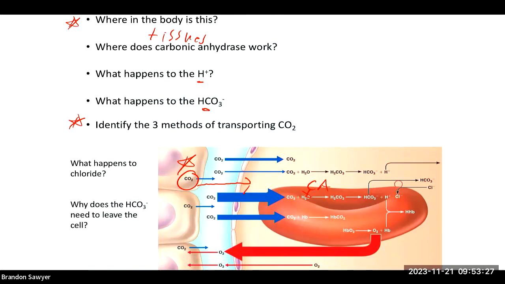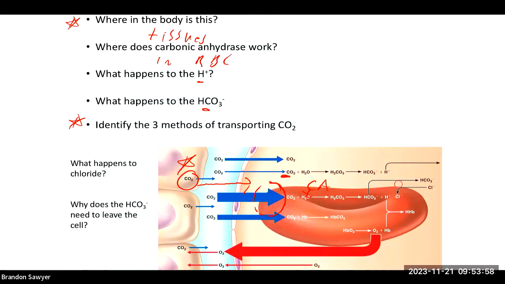We don't have carbonic anhydrase just floating around in our blood, but we do have that enzyme inside of a red blood cell. So that's the biggest reason for the size of these arrows, which represent how much of that reaction is happening. We can do that reaction out here in the blood too, but not as much because we don't have that enzyme helping drive it. It's just a lot faster when we have carbonic anhydrase helping us out. So it's happening inside the red blood cell.